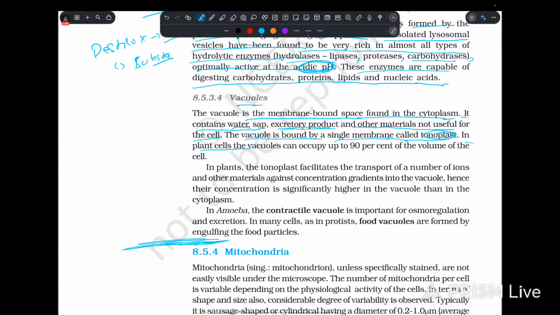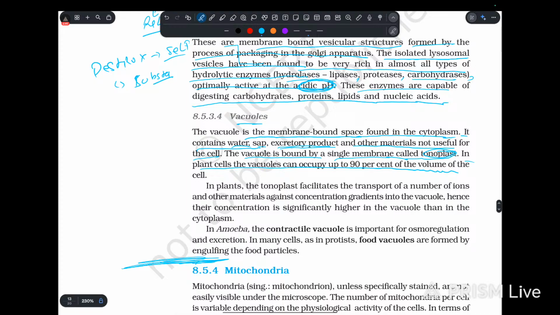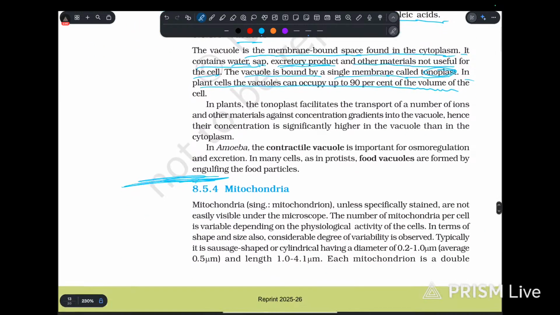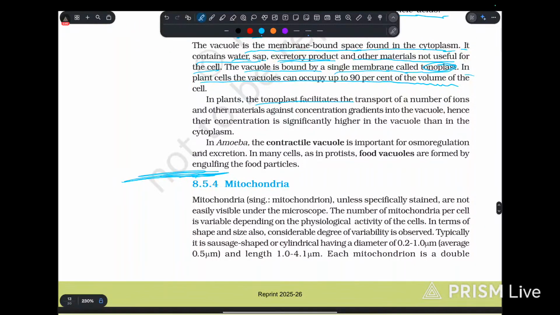In plants, the cell vacuole can occupy up to 90% of the volume of the cell. But in the case of animals, it is very, very different. In plants there is generally only a single vacuole, but in an animal cell there could be multiple small-sized vacuoles. In plants, the tonoplast facilitates the transport of a number of ions and other materials against the concentration gradient into the vacuole.